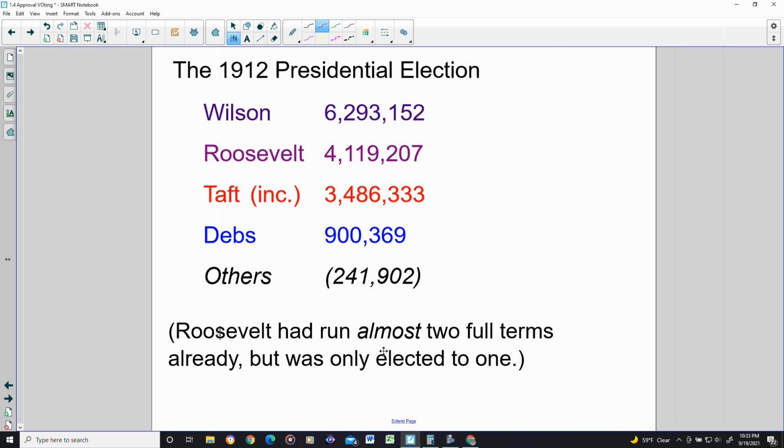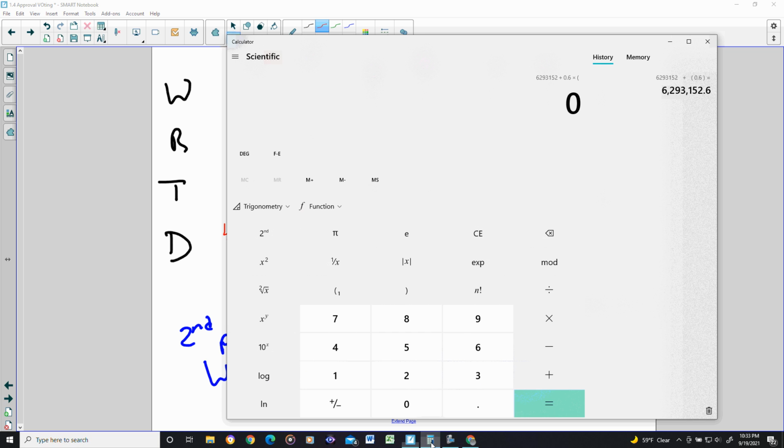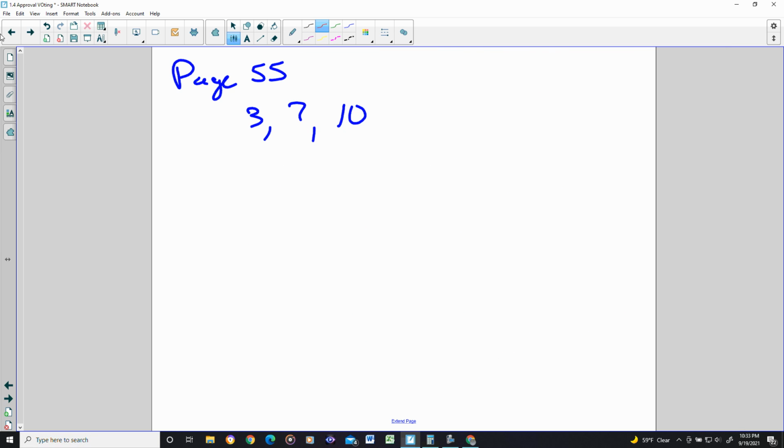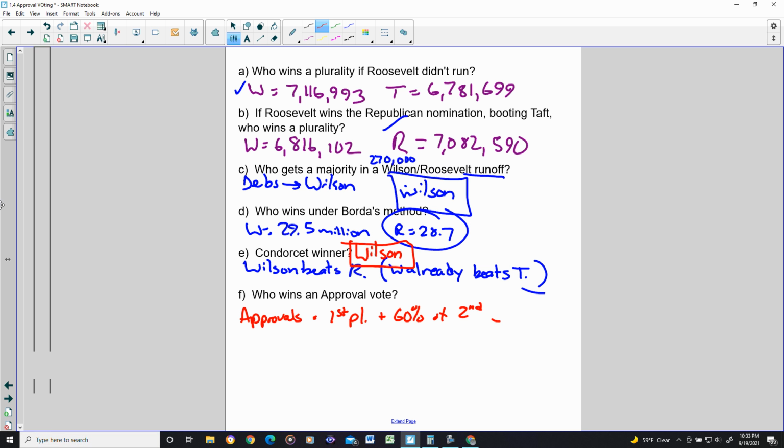Now, in this case, it's like, what, 2.2 million? So again, we'll kind of estimate here. It's roughly 2.2 million. Okay, so about 7.6 million. Okay, so approval is here. If I extend the page here, Wilson's going to get, again, you can do the math a little bit better, about 7.6 million.